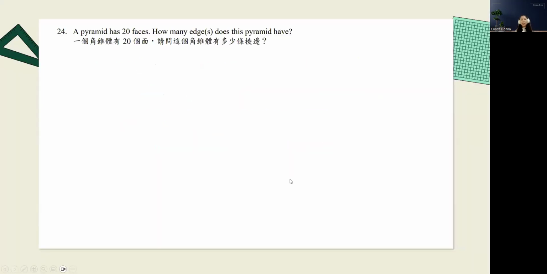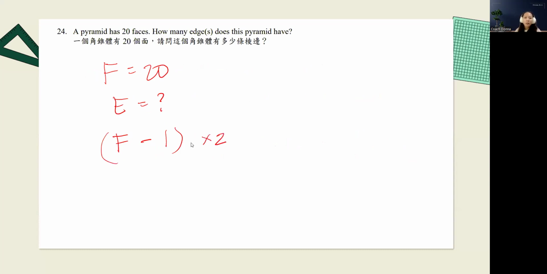So a pyramid has 20 faces. How many edges does this pyramid have? Faces is 20, edges is our question. So how do we relate faces and edges? For a pyramid, edges is equal to faces minus 1 times 2.